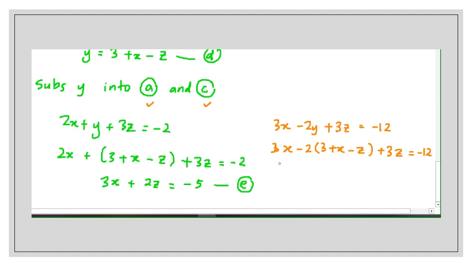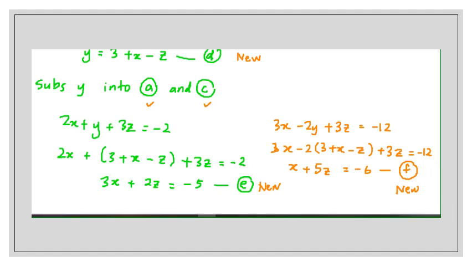Simplify, you will get x plus 5z equal to negative 6 as your equation F. Okay. Let's look at our new equations. We have three new equations: D is a new equation, E is a new equation, and F is a new equation.